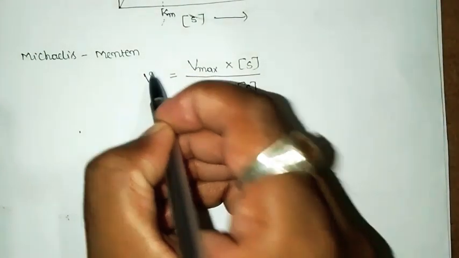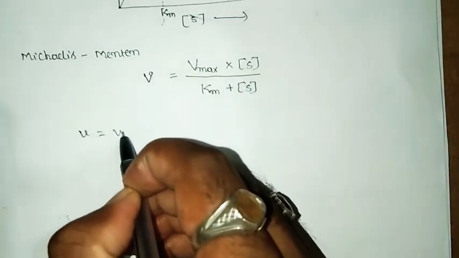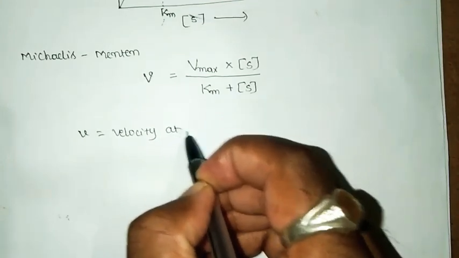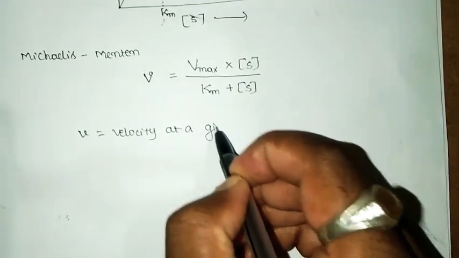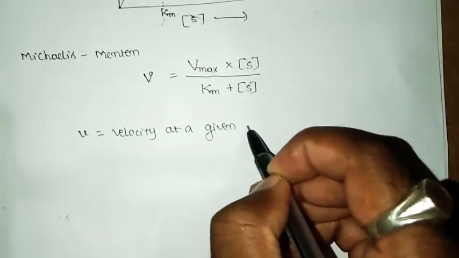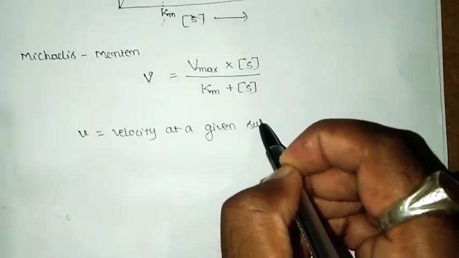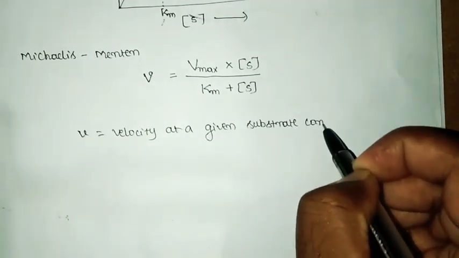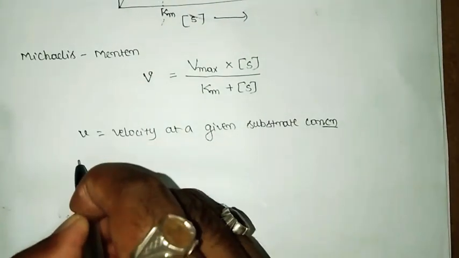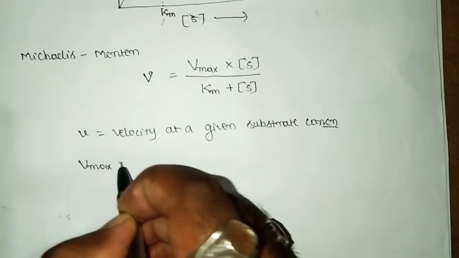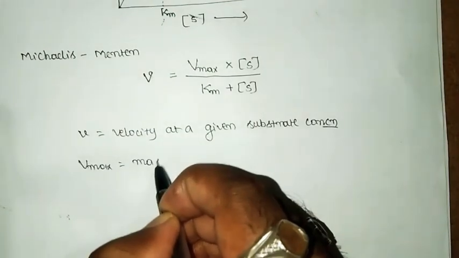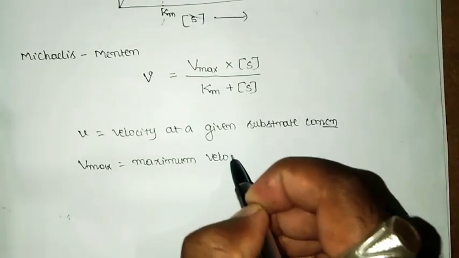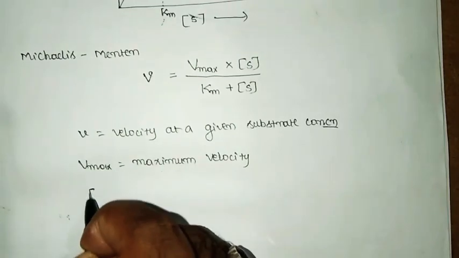Here small v is the velocity at a given concentration of substrate. Vmax is the maximum velocity.